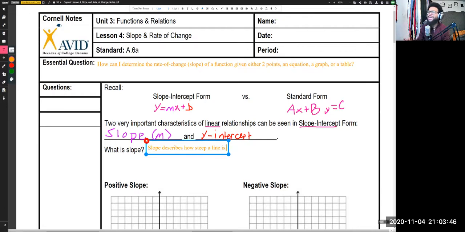That's the definition right there. How slopey is your line? How steep is your line? Slopey isn't a word, don't really say that. How steep is your line? What is your slope? It's going to be how steep your line is.